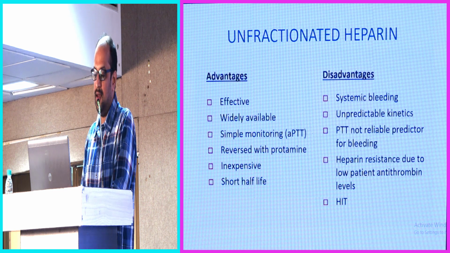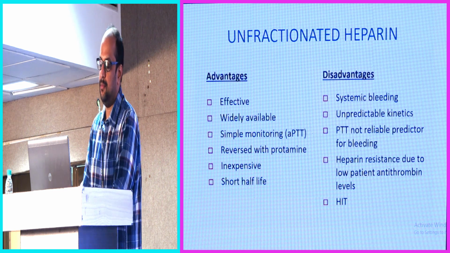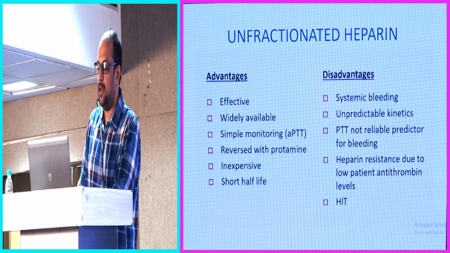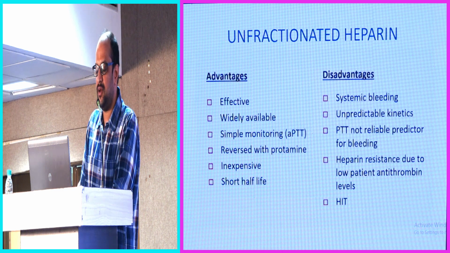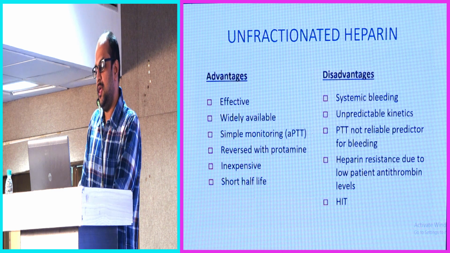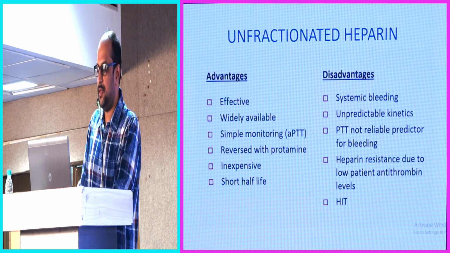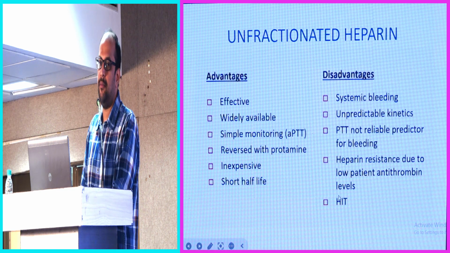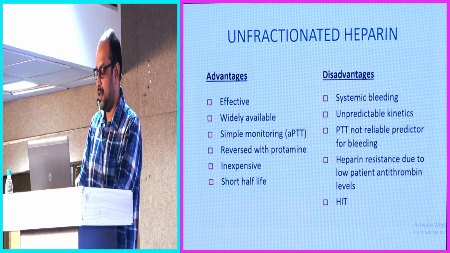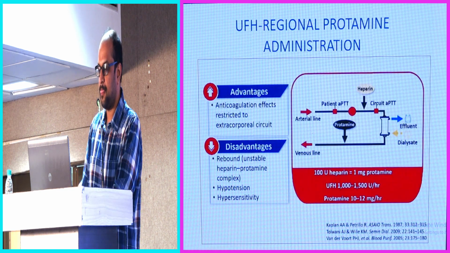It is also less effective in patients with low antithrombin levels in the body. Like if the patient is suffering from nephrotic syndrome, they may have very low antithrombin levels, and the heparin may not show its effect in this group of patients. And a well-known complication of heparin is heparin-induced thrombocytopenia.